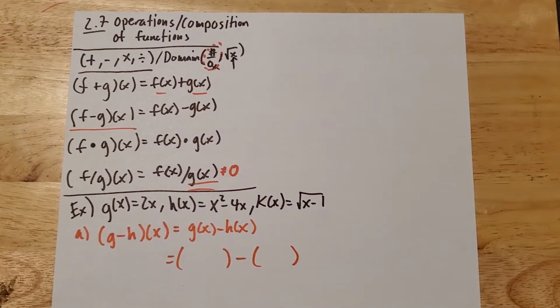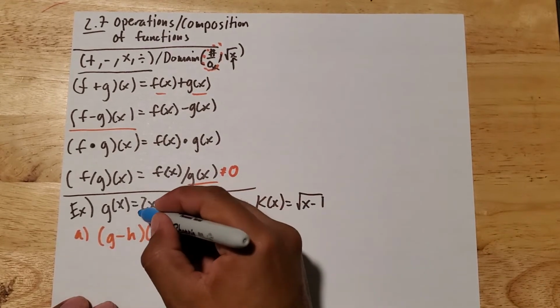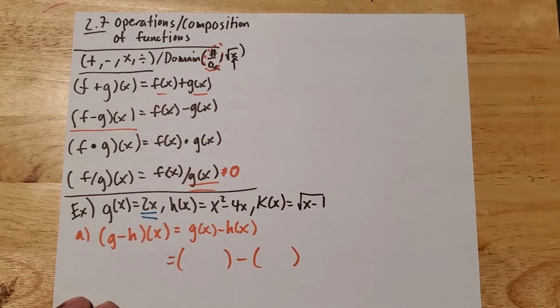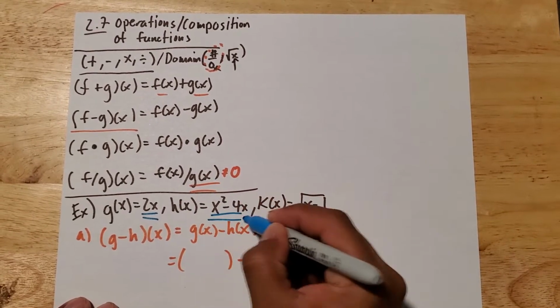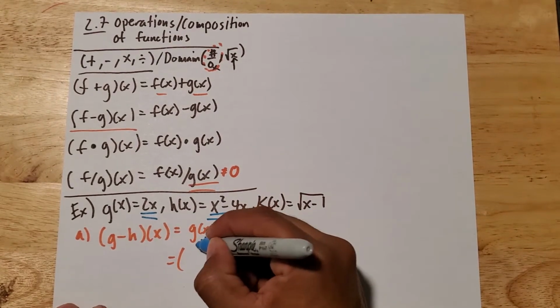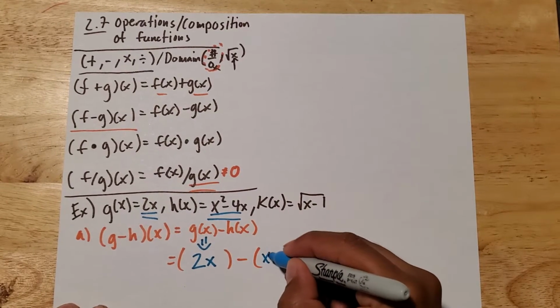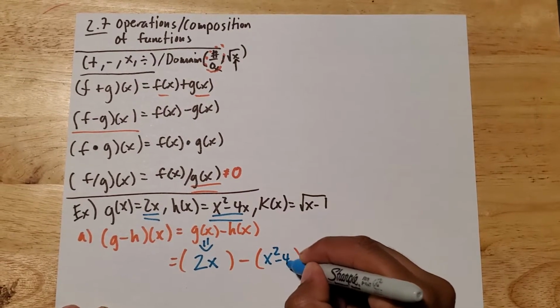So I'm going to plug in whatever g of x is equal to right into where g of x was. So I'm saying g of x I know is equal to 2x, where h of x is equal to x squared minus 4x. So that means here I'm going to plug in 2x. On this side I'm going to plug in x squared minus 4x.